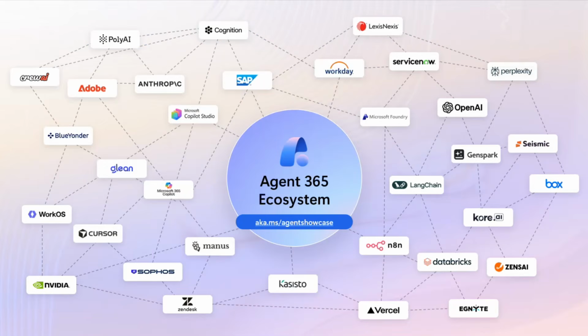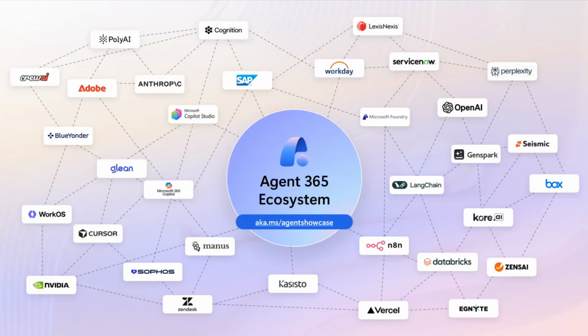Just to give a quick glance at the amazing partners that we have worked with in the last couple of months to onboard them on Agent 365. We have worked across different companies in AI, which ranges from OpenAI, Anthropic, LangChain, and a lot more, who are the ones who have onboarded on Agent 365, extended it using the Agent 365 SDK, and we have been working with them to make some of these agents also available for you out of the box.